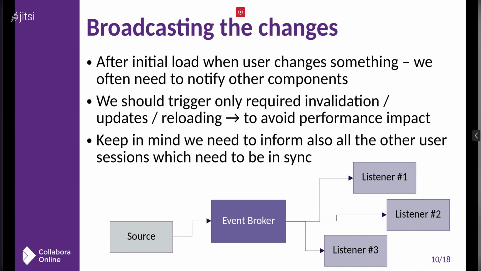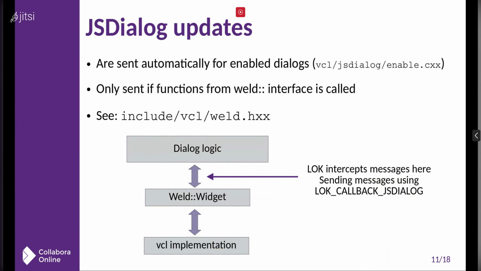So the best way to do this is via some event broker, which will later inform all the listeners which were registered for this specific case. We have a lot of different listeners and broadcasters in the core. I will mention a few of them.